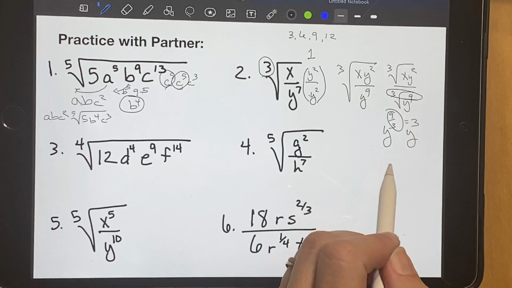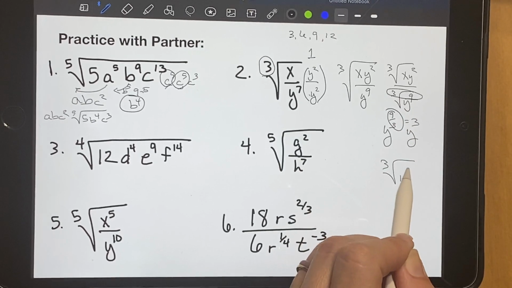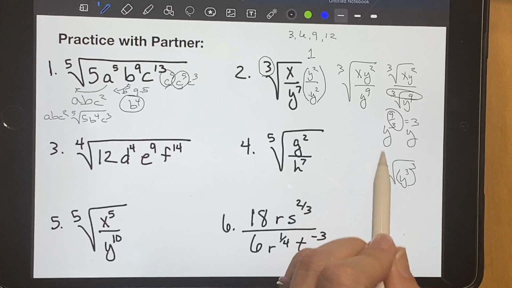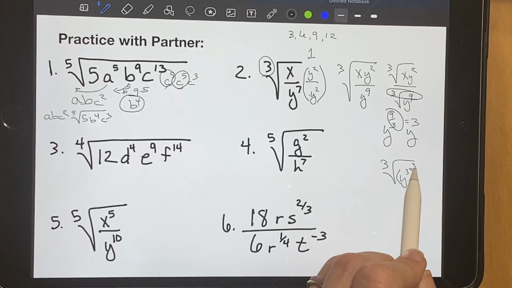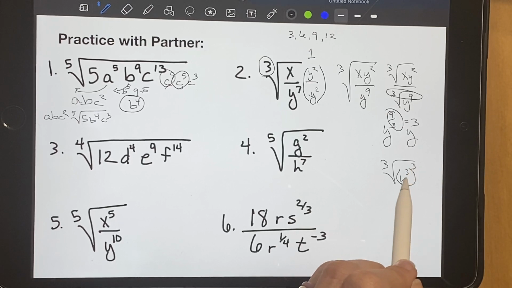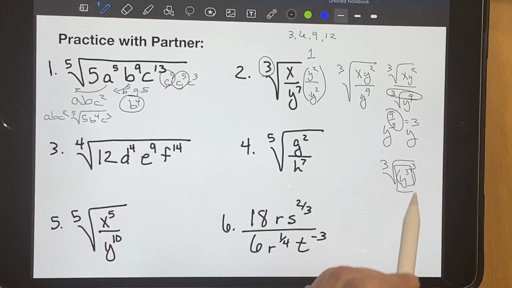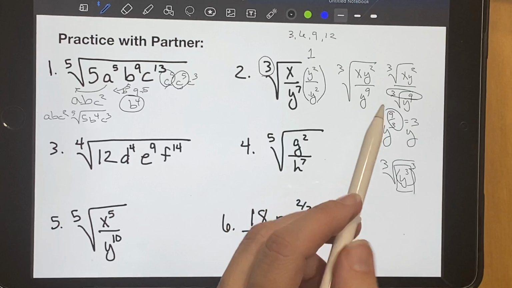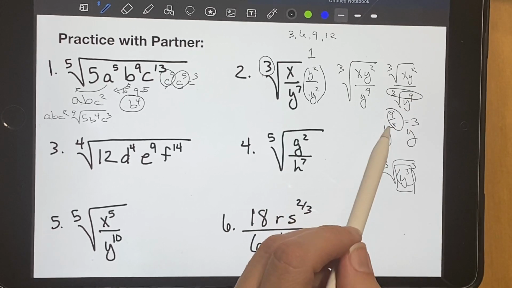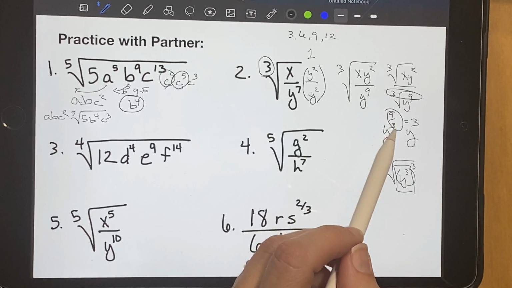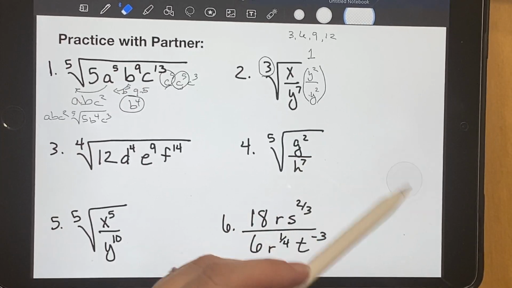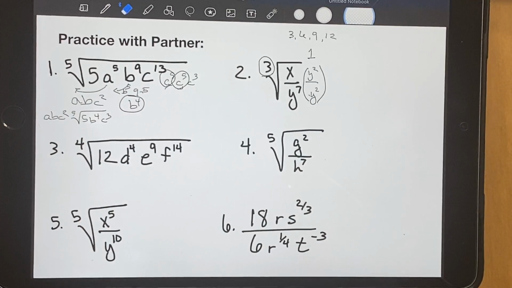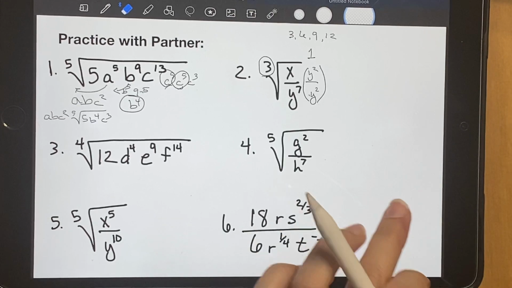You could also write it as y cubed, knowing that I want 3 to be one of the numbers I'm multiplying by. So if my 3 is on the outside, 3 times 3, and then you know your base is y cubed. Either way, but sometimes it's easy to just switch it to our fractional exponent because we can simplify that one a lot faster. Okay, so those are some examples there.